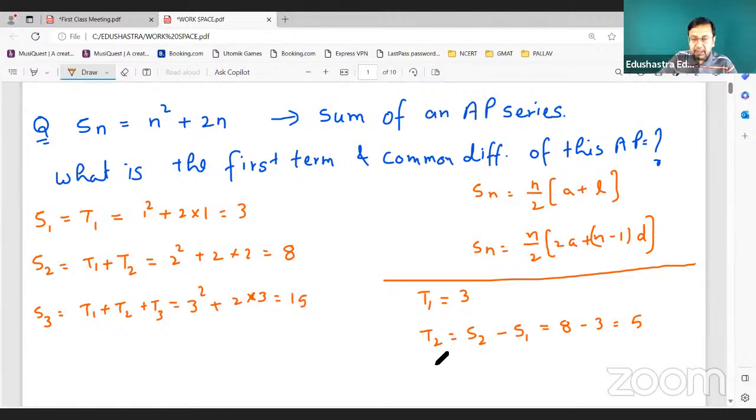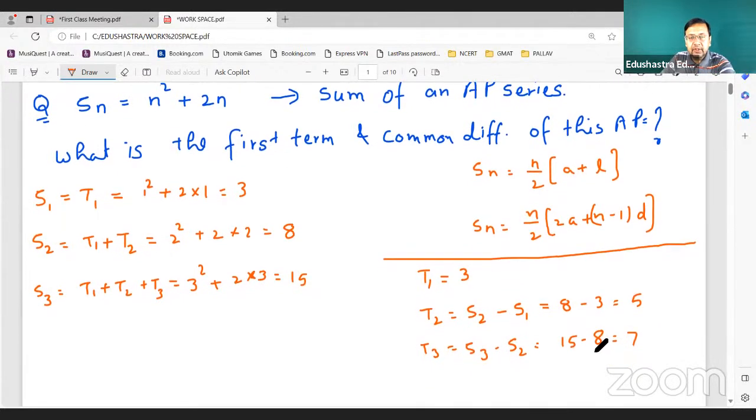If this is 15, I want to calculate the T3 term. So T3 is S3 minus S2, 15 minus 8, so my third term is coming out to be 7.